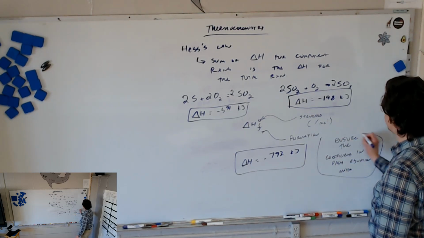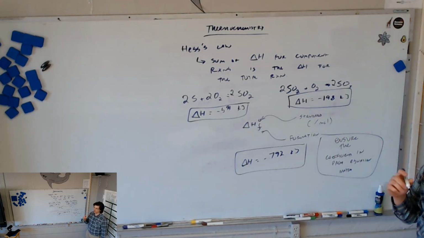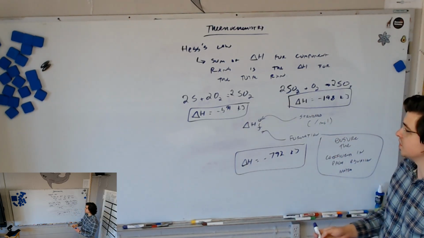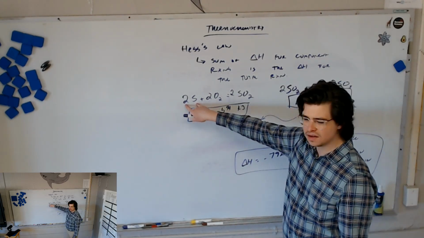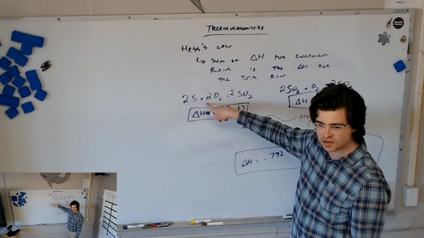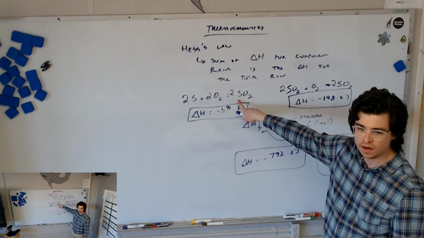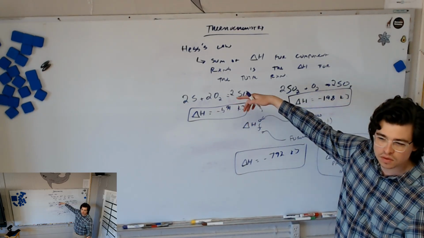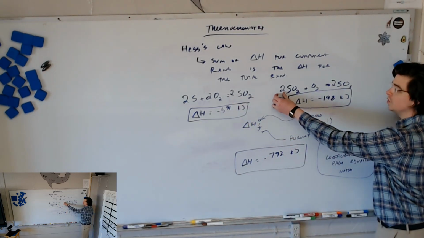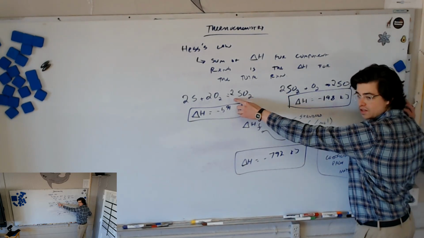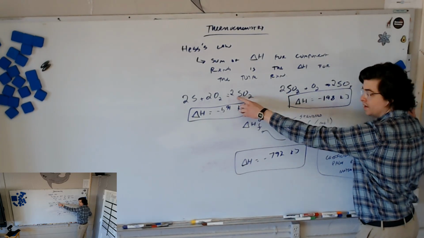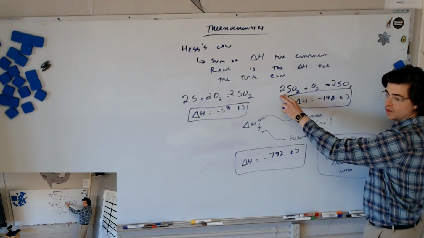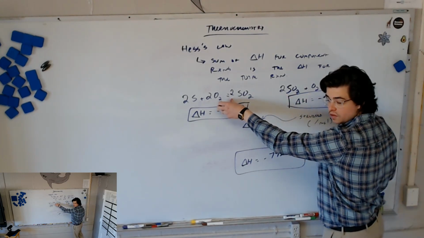You might remember me saying at the beginning, why do they double all this? It's 2S plus 2O2 yields 2SO2. Now we know, because the moles of SO2 here have to match the moles of SO2 here. So since this one has to be balanced with 2SO2, we have to balance this one with 2SO2. So we double all of this.